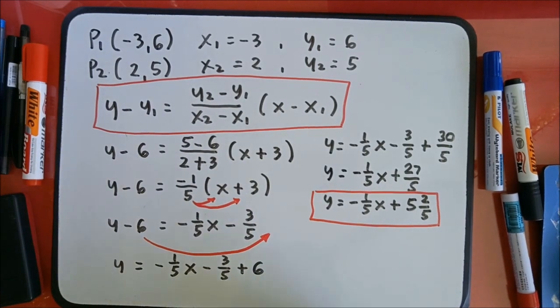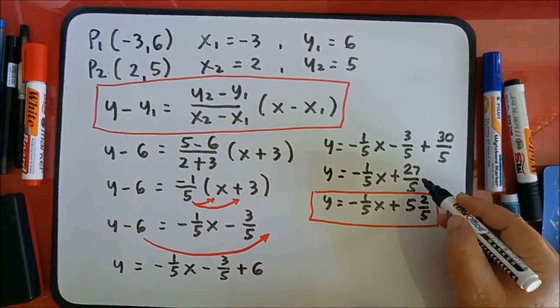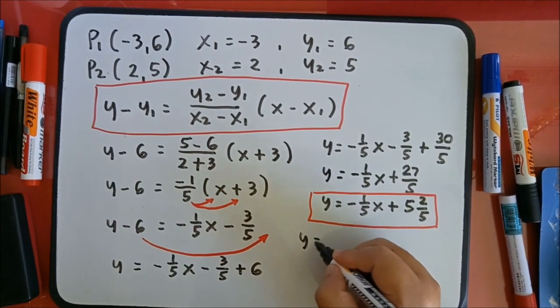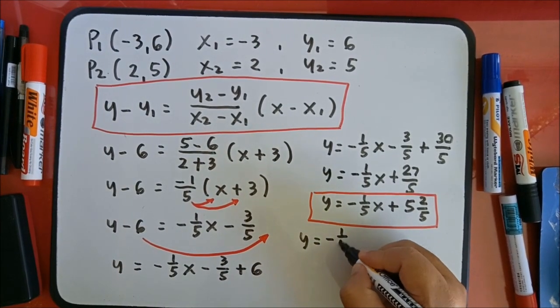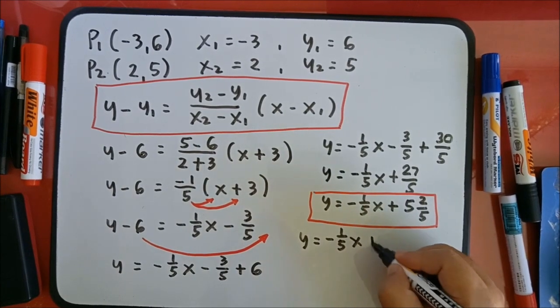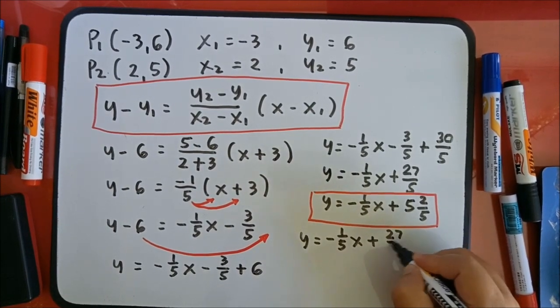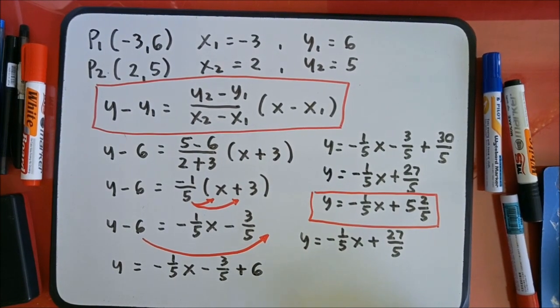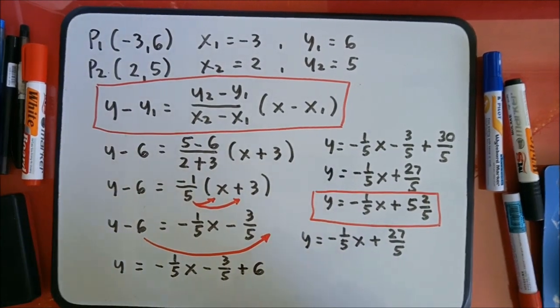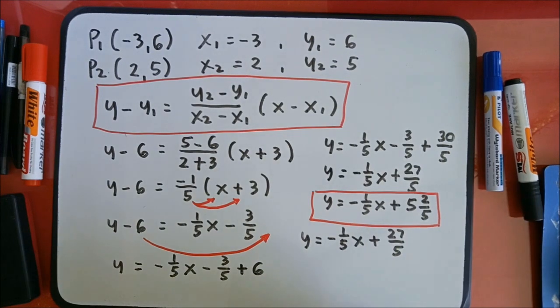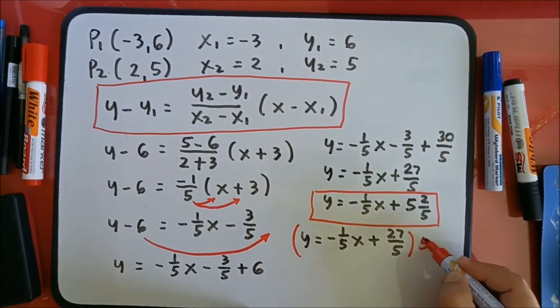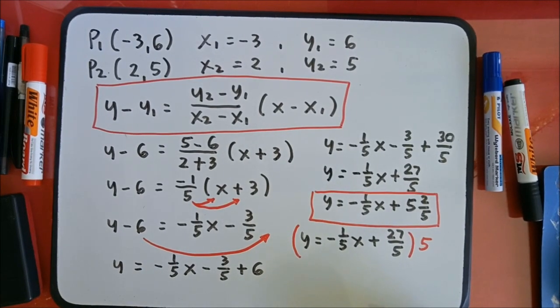Okay, now, how will you convert this to standard form? Okay, dito tayo magko-convert. Okay, y is equals to negative 1/5 x plus 27 over 5. Diba? Now, ang ginagawa ko, shortcut. Tuturo ko sa inyo yung shortcut. I-multiply ko ito lahat sa 5.